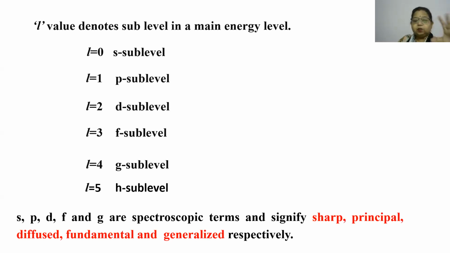And I don't remember whether I taught you or some other batches, that s, p, d, f are based on certain words. There is no reason given by scientists, but s is for sharp, p for principal, d for diffuse, and f for fundamental, right? Do you know this fact or not?